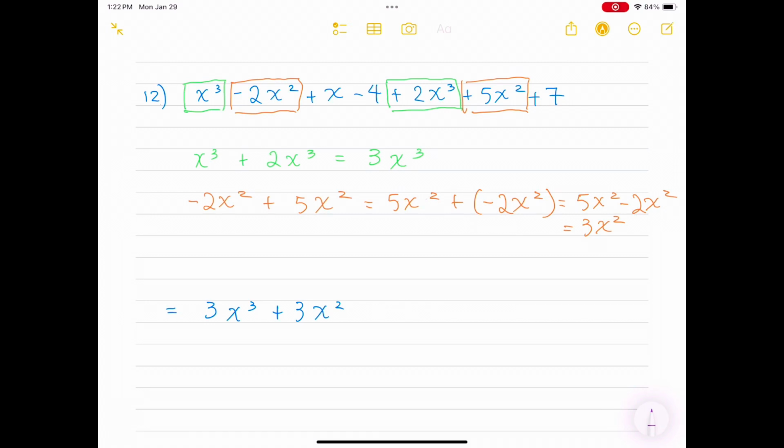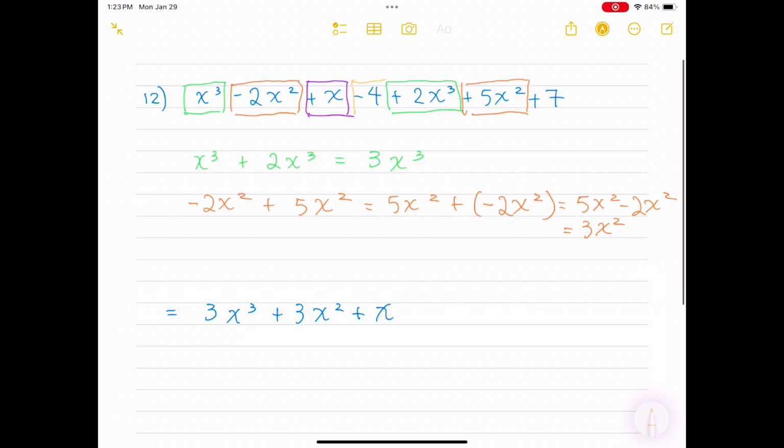The next lowest term is x by itself, positive x, and we write that down next to 3x squared. And finally, we simplify the constants, minus 4 plus 7, which again, using the commutative properties of addition, we rewrite as 7 plus negative 4, or 7 minus 4, which equals 3.